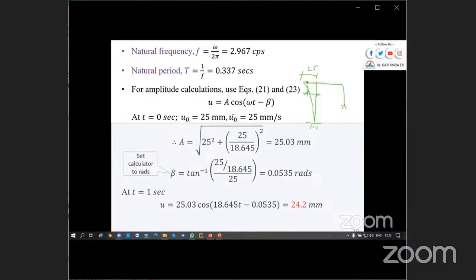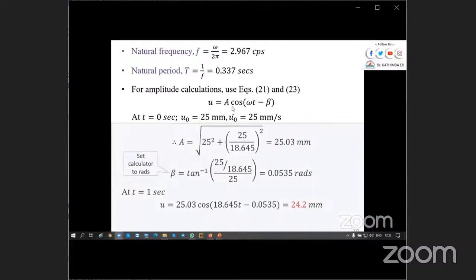And also you can try, I also tried using the other equation. Let me see whether I can show you that. I cannot escape. Okay, seems I cannot escape. But I also tried using the other equation.